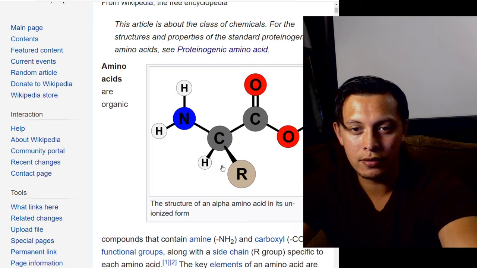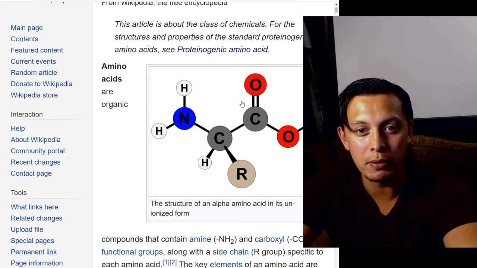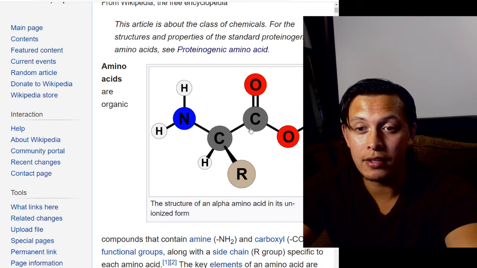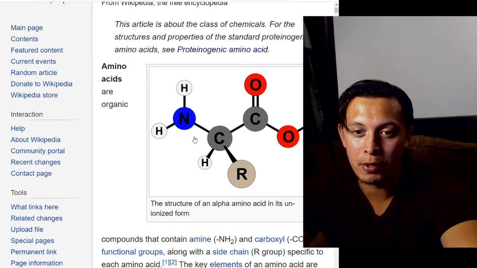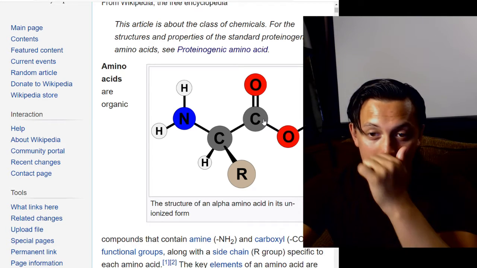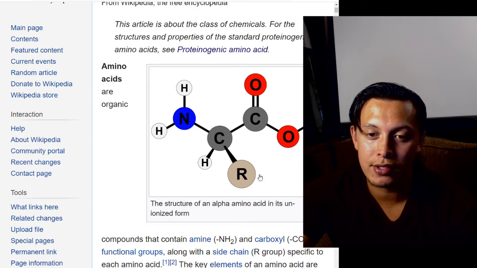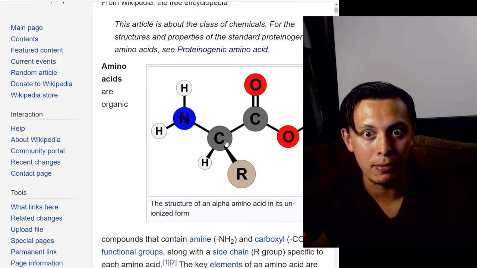So here, this is an amino acid where you have the amino group and the acid group. And these are a part of a polymer in a protein or a peptide. So this carbon right here that is in between the amino group and the carboxylic acid group, this is the alpha carbon, and this R group changes depending on which amino acid you are talking about.